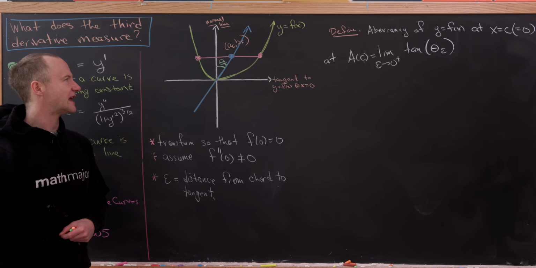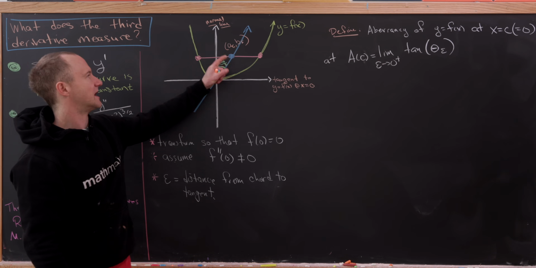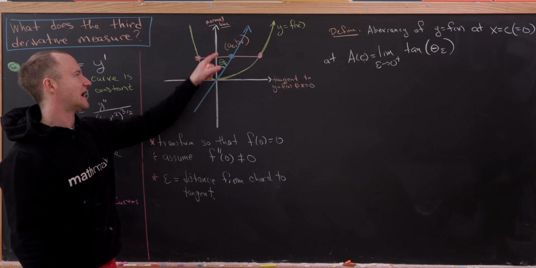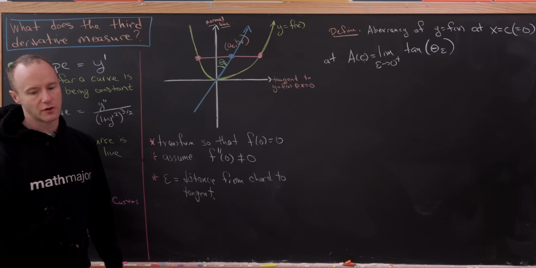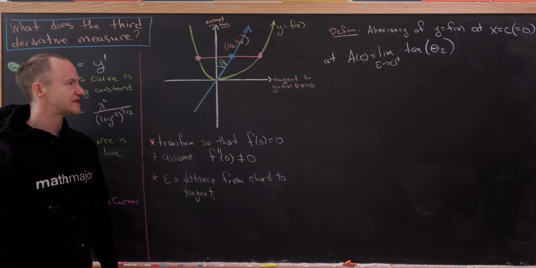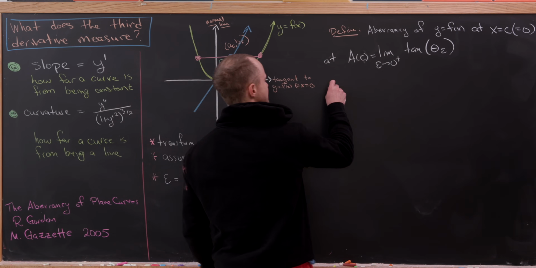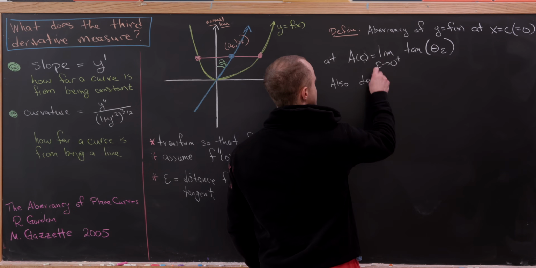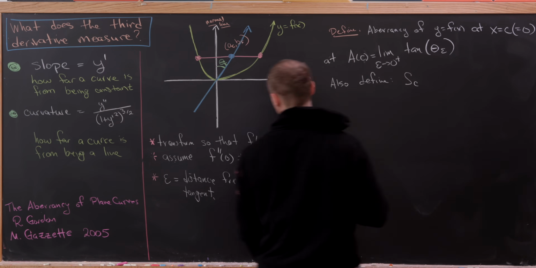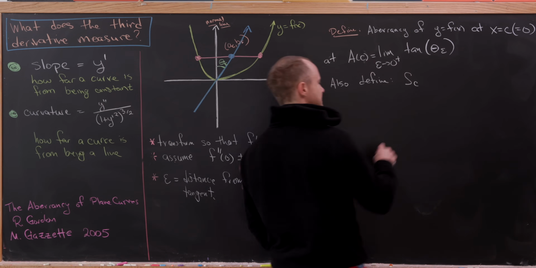Now, let's observe that in our case, since we've got a horizontal tangent line and a vertical normal line, that means that the tangent of theta epsilon is simply B epsilon over A epsilon. But that's generally not the case. Even though that's generally not the case, that's still going to be a limit that's interesting to look at. So we'll define the following quantity, and this will be S sub C. C is equal to 0 in this case, but I'll leave it as S sub C so it's more general.